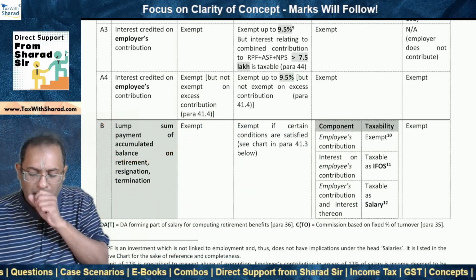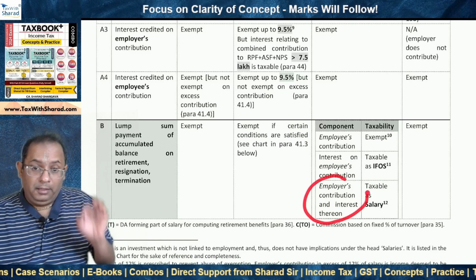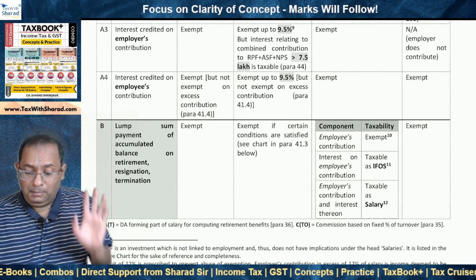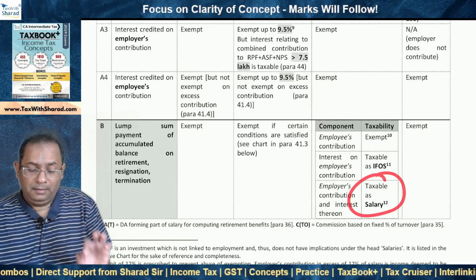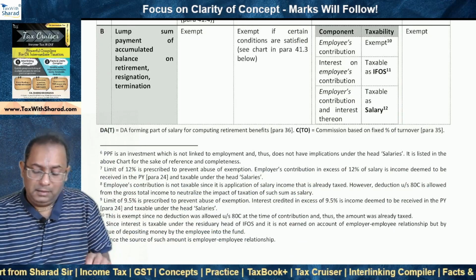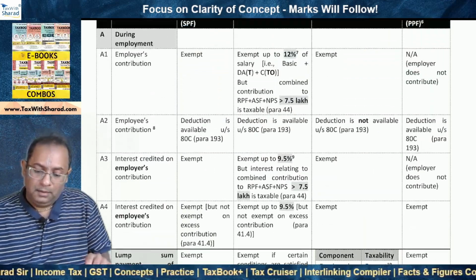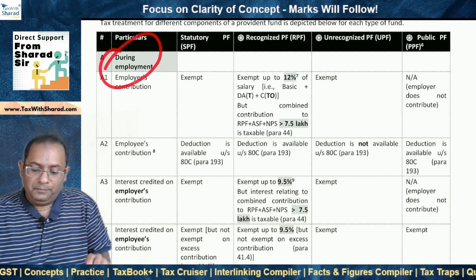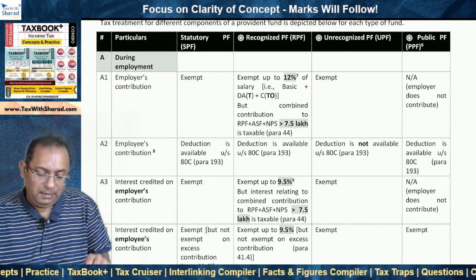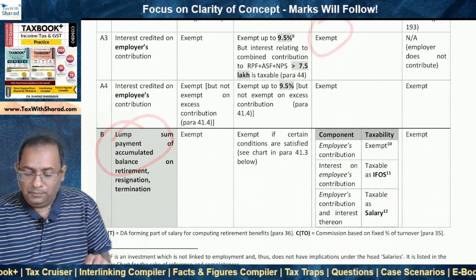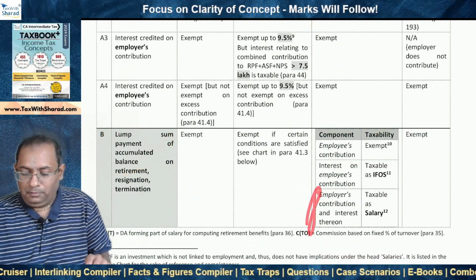In that case, the employer's contribution entire and interest thereon entire, the full amount, becomes taxable under the head salaries. So in the case of UPF, during employment, things remain exempt. But at the time of lump sum payment of accumulated balance, employee's contribution and interest thereon becomes taxable under the head salaries.